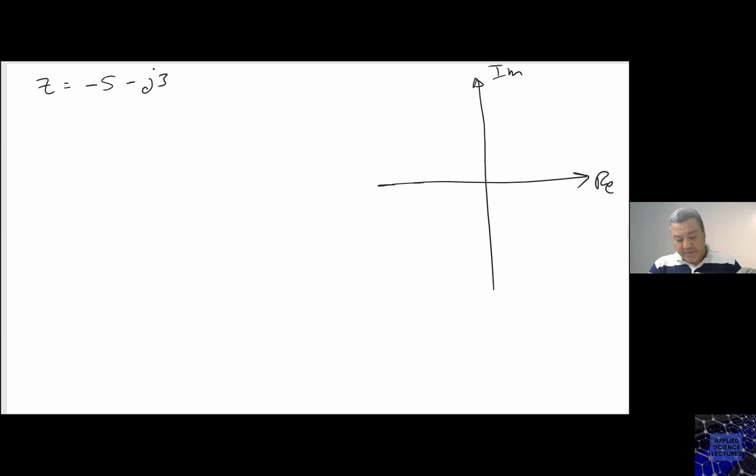So in this case, the real is minus 5, and the imaginary is minus 3. So you're expecting the angle to be in the third quadrant. And we always take it the closest to the real axis. So since it's closer to the real axis from the lower part, we take it as minus, and you will see what I mean by that. So this is the correct angle.